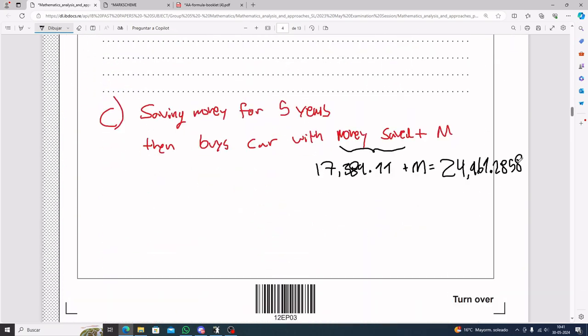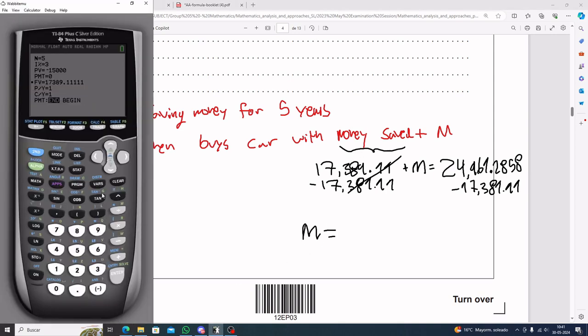And so to get M alone from here, well, it's right next to a 17,000, so you can subtract onto both sides and see how much M ends up being. So this goes away with this, and M has to equal that 24,000.